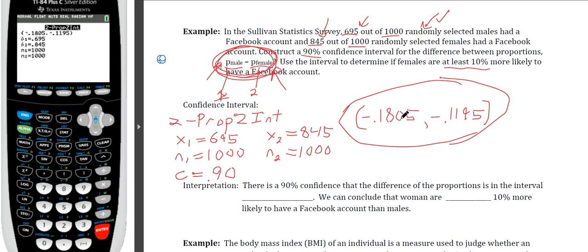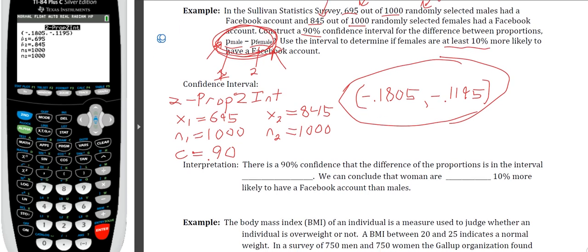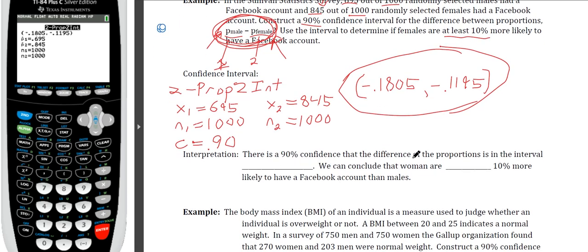We're believing that the difference of proportions is somewhere within that interval, and that is much more than 10%, so everything seems good. We'd say that there's a 90% confidence that the difference of proportions is in the interval right there, so I'll just forgo writing it one more time. And we can conclude that women are at least 10% more likely to have a Facebook account than men.